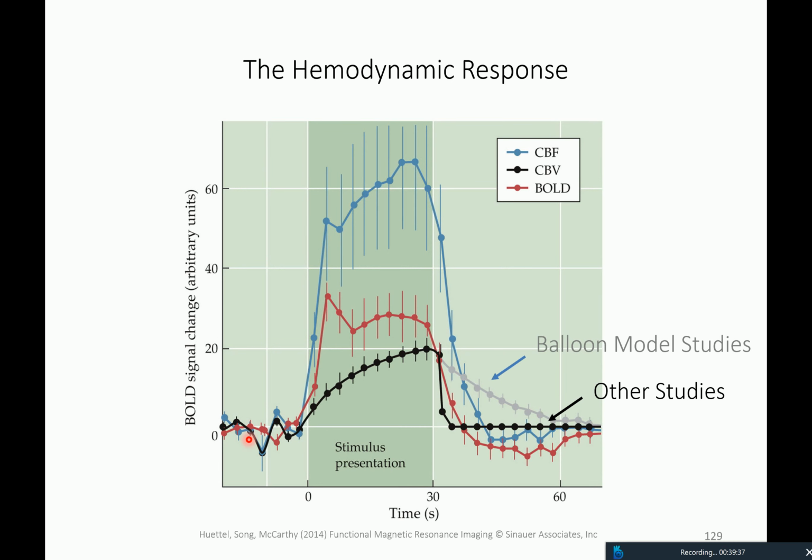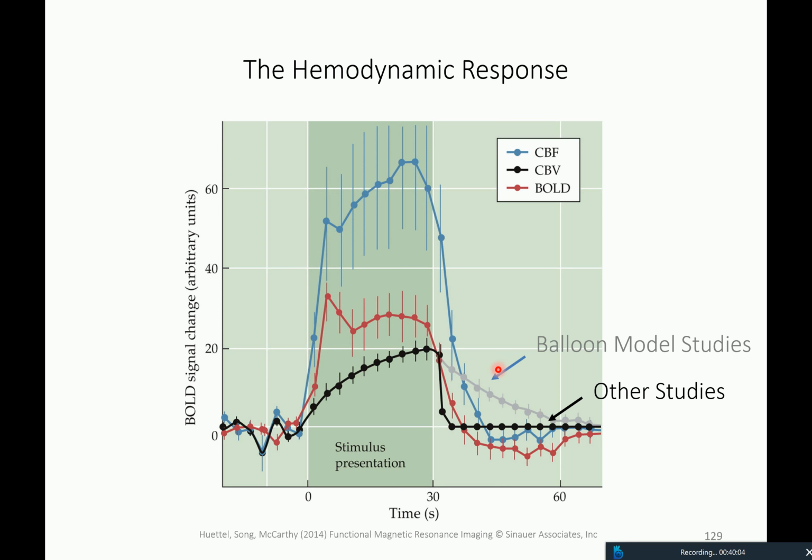The thing is, with this whole thing about initial dip and post-stimulus undershoot, some studies observe this, some other studies don't. This here shows an example in gray, where what is studied is the cerebral blood volume.